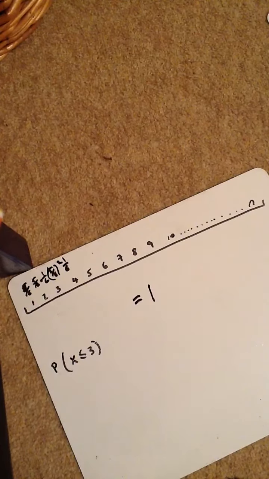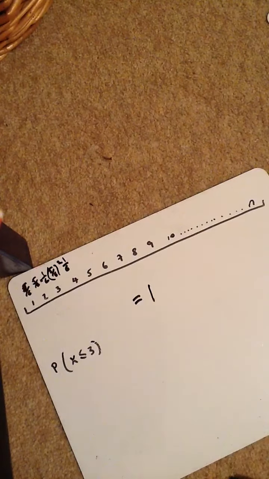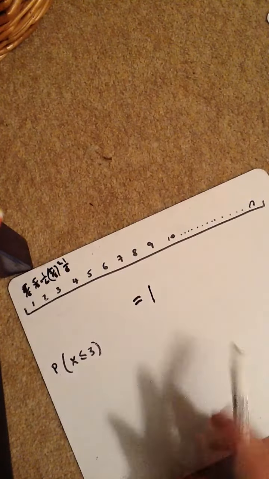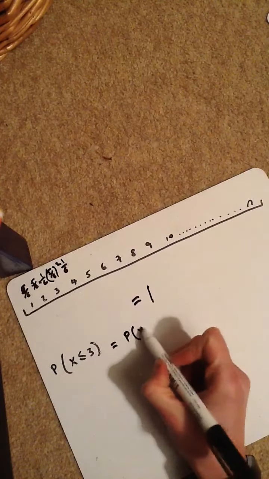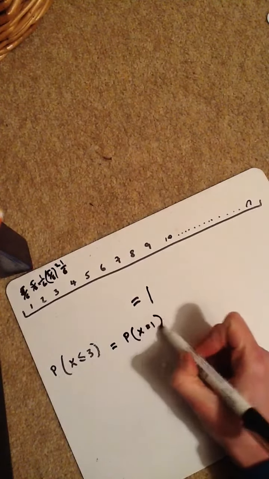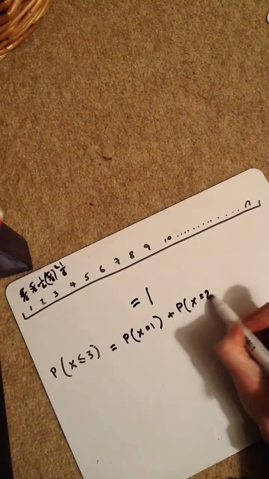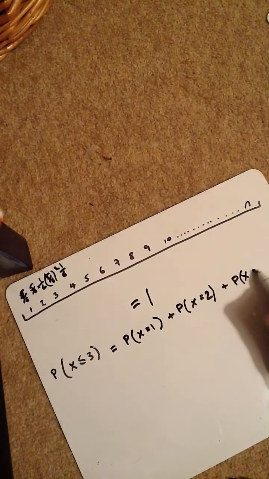So let's use this idea to investigate this probability here. So the probability that I roll a 6 in less than or equal to 3 attempts is the probability that I roll it on the first attempt, plus the probability that I roll it on the second attempt, plus the probability that I roll it on the third attempt.